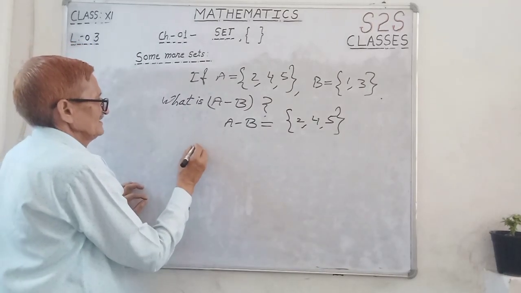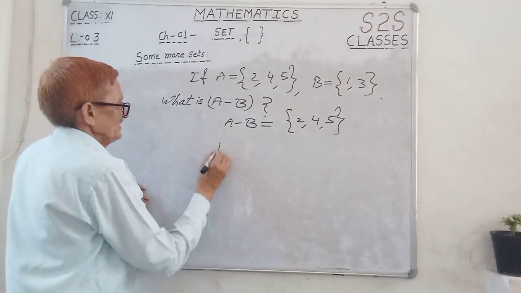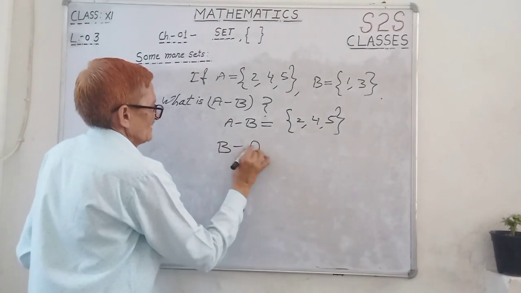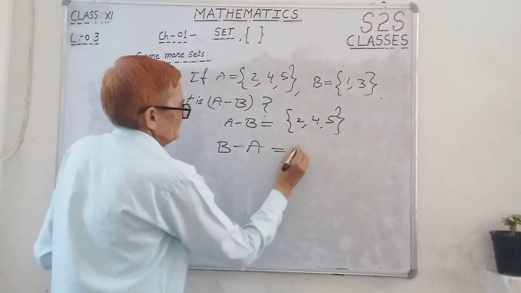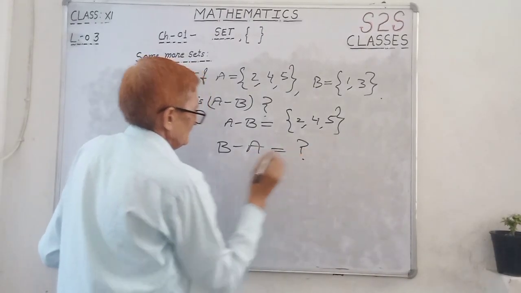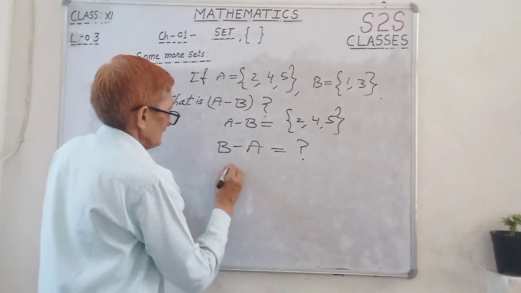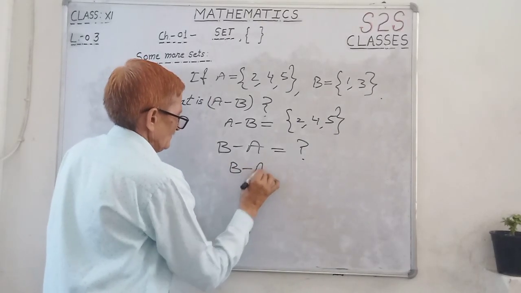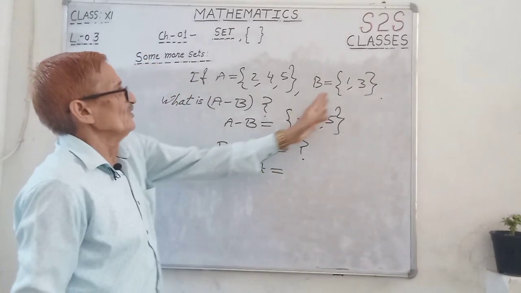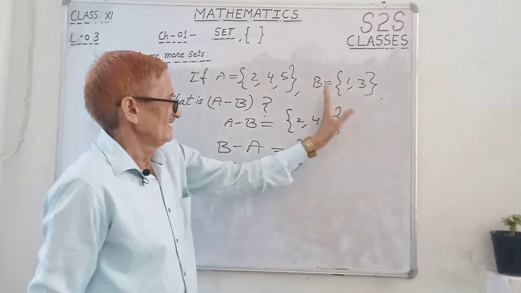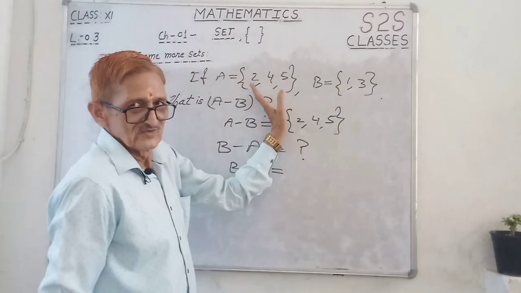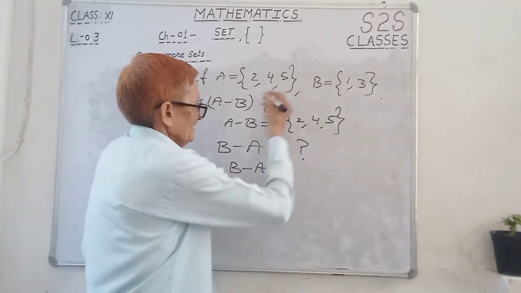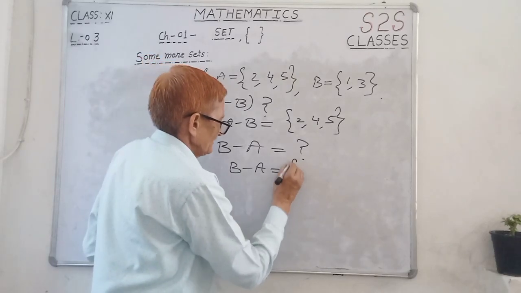If B minus A, for the same example, what will be B minus A? B में से डिलीट करो जो कॉमन है A के साथ, A में कुछ कॉमन ही नहीं है तो ये B आ जाएगा.